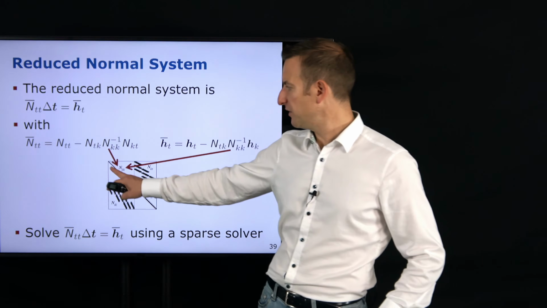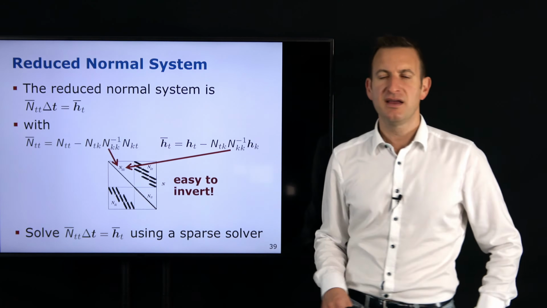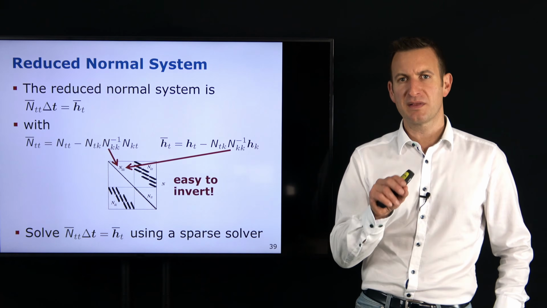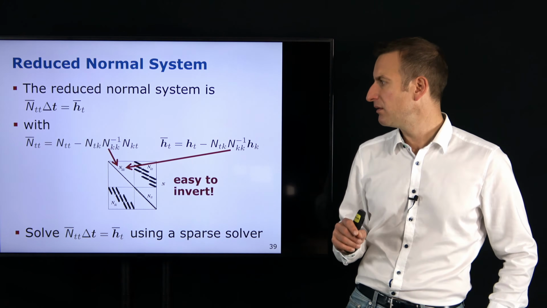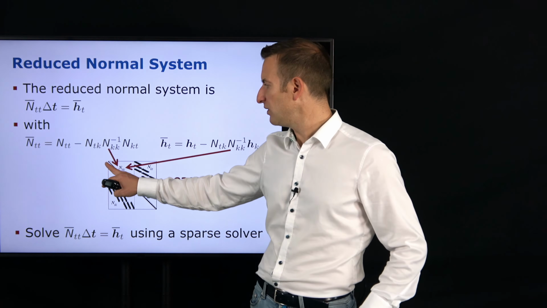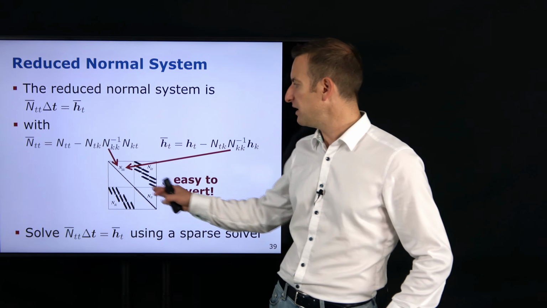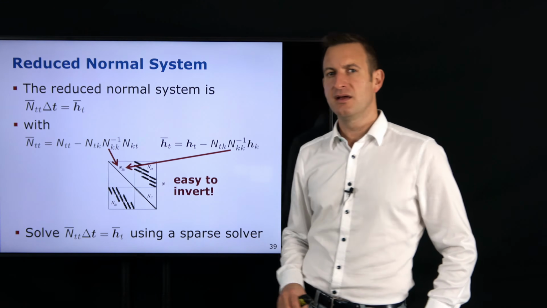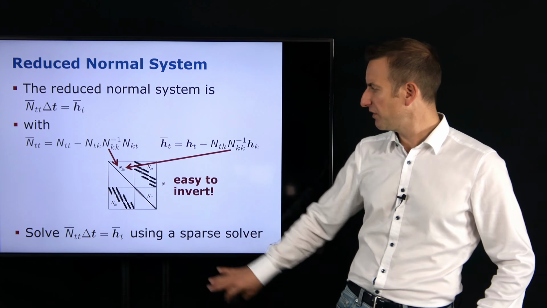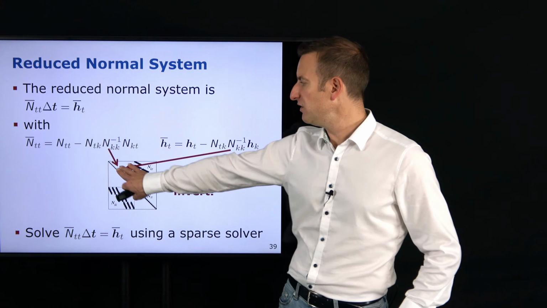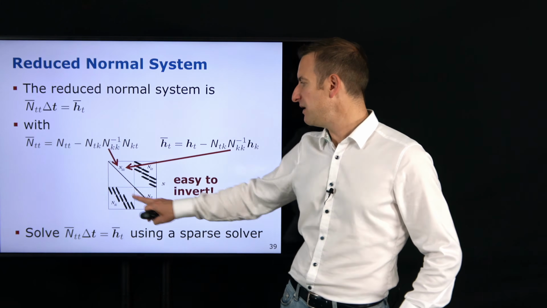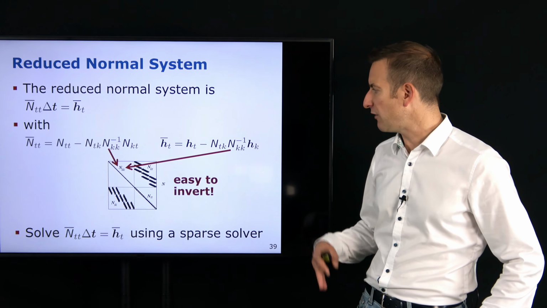So we know that this block NKK by design is a block diagonal matrix where the blocks are always 3 by 3. So the only thing we need to do is invert those individual blocks down here in order to compute the inverse, which is much easier than inverting a dense matrix. So this is something that can be done easily, basically in linear time in the number of points that I have.